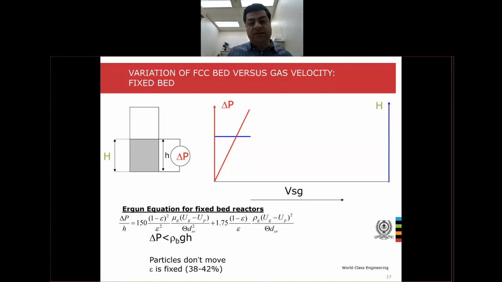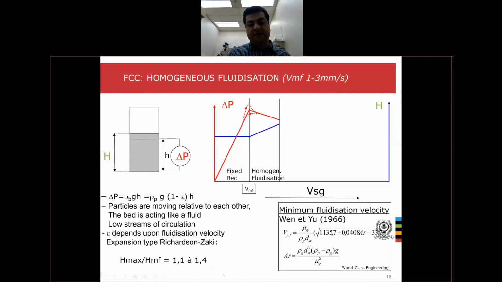But let's say that you increase the gas velocity a little bit more. You end up with a point where you reach UMF, the minimum fluidization velocity. At this point, it's very interesting: bed height starts to increase. So if you increase the gas velocity even more than UMF, bed height increases.